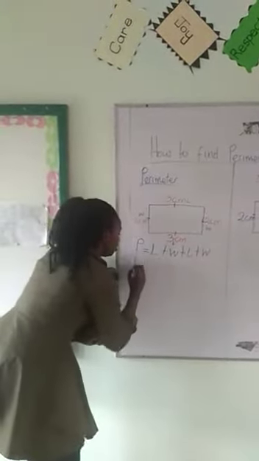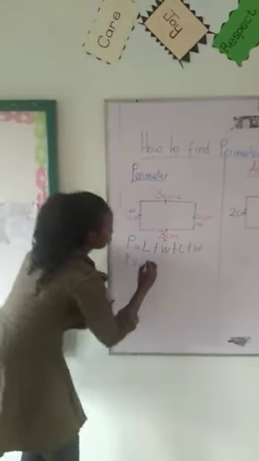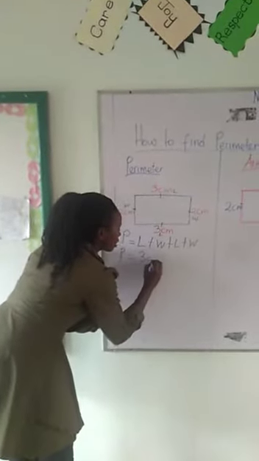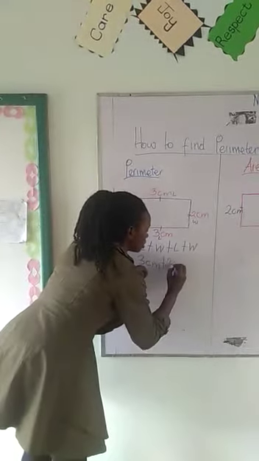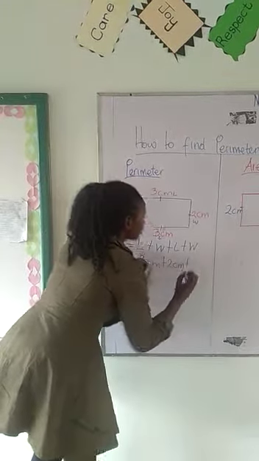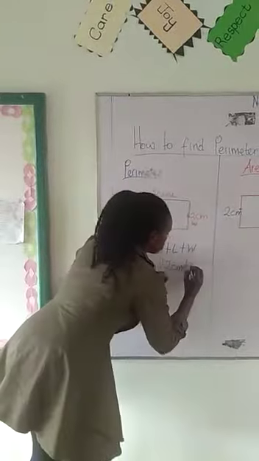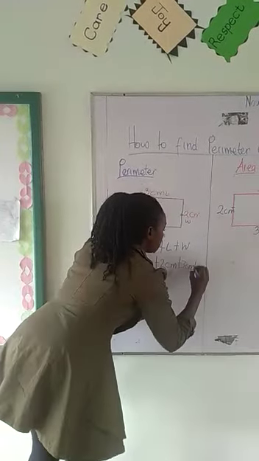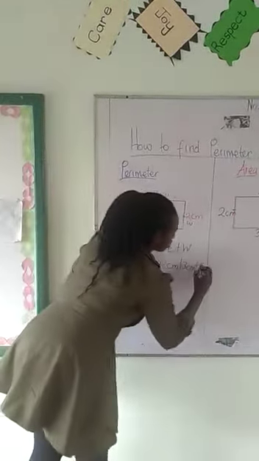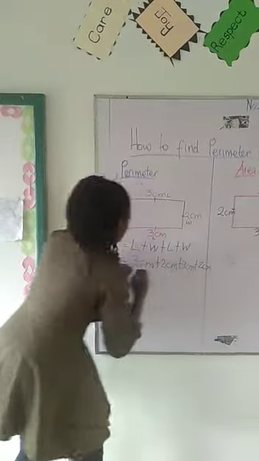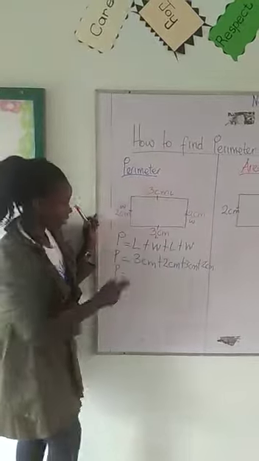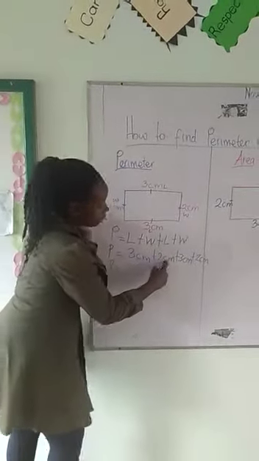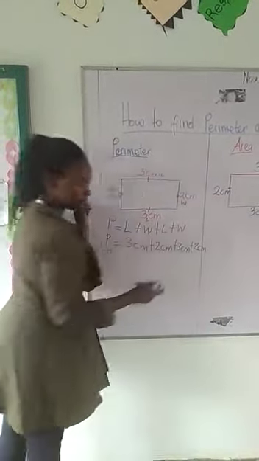So my perimeter will be length, which is 3 centimeters, plus width, which is 2 centimeters, plus another length, which is 3 centimeters, plus width, which is 2 centimeters. I'm finding my perimeter. What do you think the answer is? 3 plus 2 plus 3 plus 2.